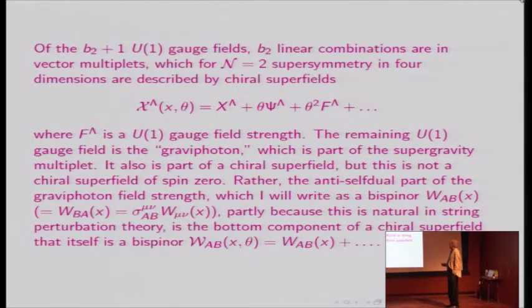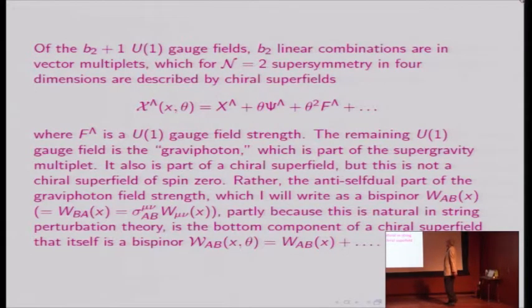So there are B2 U1 gauge fields in vector multiplets, but there's one more U1 gauge field that's not in a vector multiplet. It's part of the supergravity multiplet. Because the supergravity multiplet for N equals 2 supersymmetry in 4 dimensions contains a U1 gauge field also. And that one is called the graviphoton. It's the photon in the gravitational multiplet.